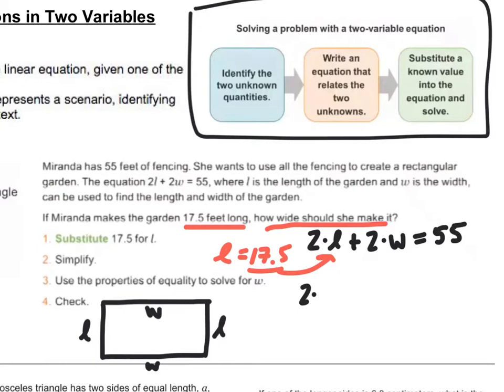L is equal to 17.5. So I'm going to come in here, parentheses 17.5, okay, and then plus 2 times W is equal to 55. Now, what's unique about that and what I want you guys to see is that this was a two-variable equation. This is now one variable because I substituted 17.5 in for L.